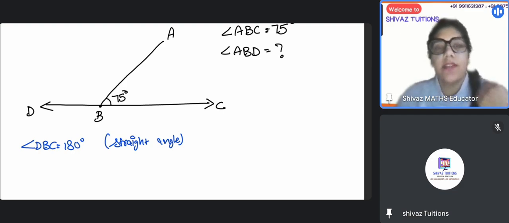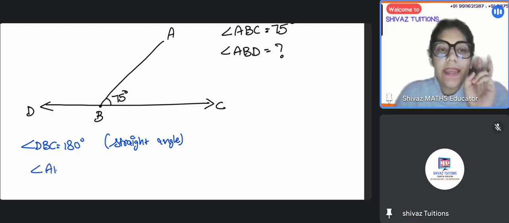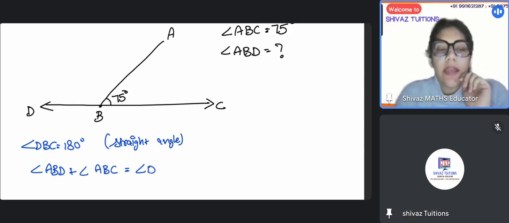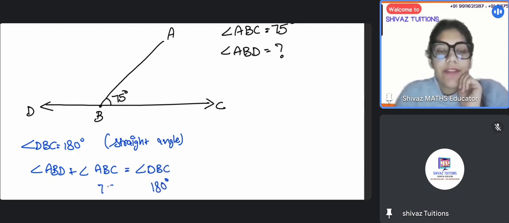Then you can understand that yes, it is a straight angle. Okay, so my straight angle constitutes two angles, angle ABD plus angle ABC, which should be angle DBC, that is 180 degrees. So I know one of the angles is 75 degrees. So my other angle will be 105 degrees. Is it clear to everyone?